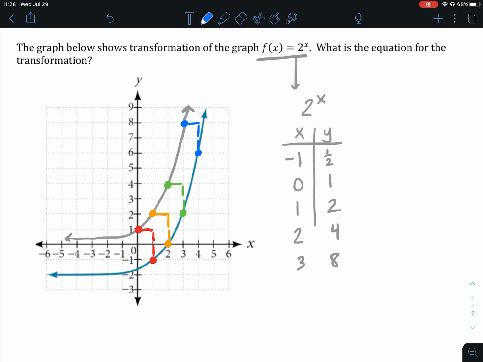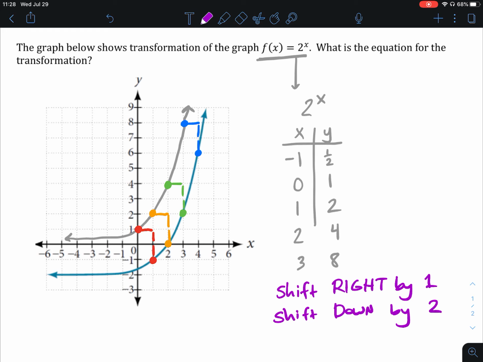So definitely what we're saying is that the transformed function needs to shift right by 1 unit, and we also need to shift down by 2 units. So we need to write an equation that incorporates those two transformations. So how does that seem? Kind of looking at it just point by point. Hopefully that makes this problem feel a little bit more understandable.